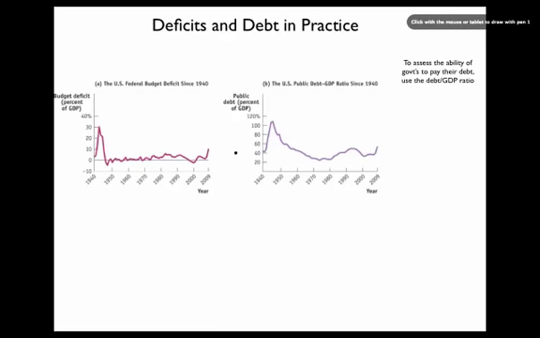Importantly, to assess the ability of governments to pay their debt, we use the debt to GDP ratio, because GDP is a good indicator of the amount of taxes that will be raised to pay debt. So debt's a bad thing if you can't pay it back. As you can see here, for the 30 years following World War II, we were able to handle these nearly constant deficits because GDP was growing so much.